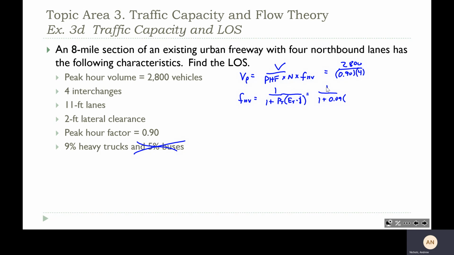Do we think we're closer to level or rolling terrain in an urban freeway? Urban area, downtown area, we'll assume that it's a level area. So ET from that table is 2.0, and then we're subtracting 1.